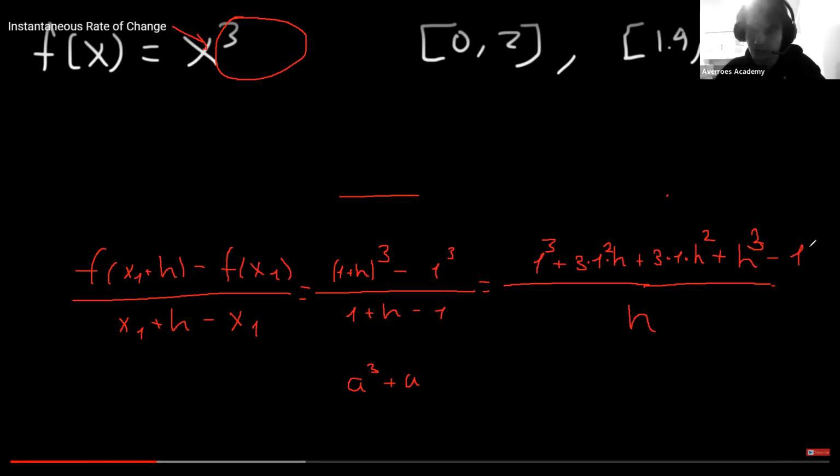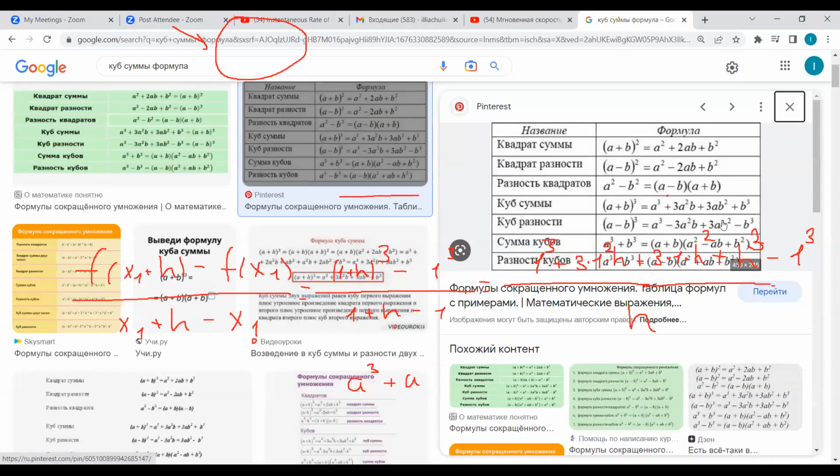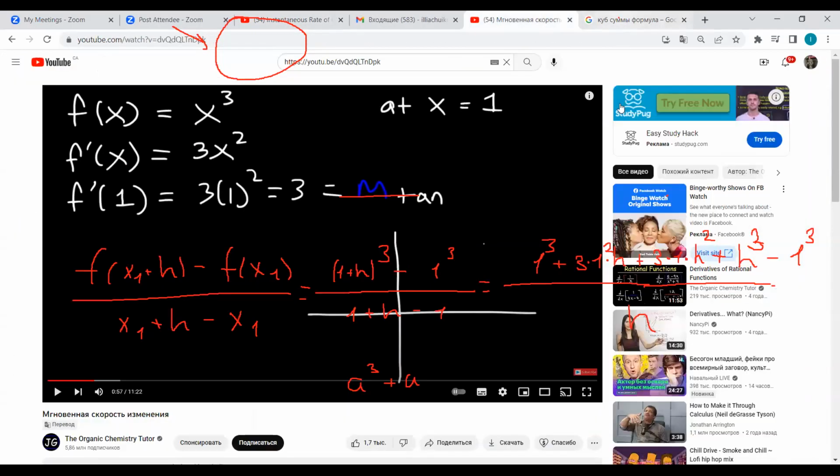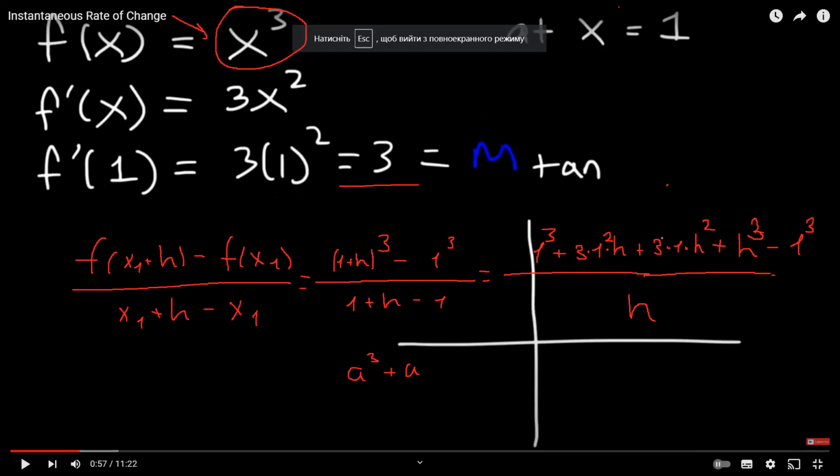I'm not sure, I believe there is no additional term in there. Well, no, because in the equation before it said h cubed subtract 1, subtract f of x1.